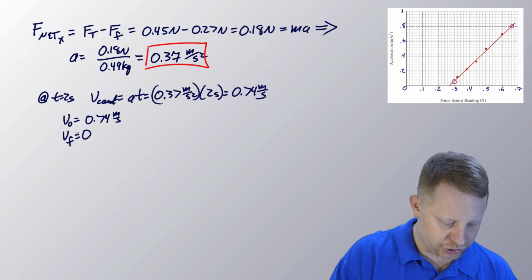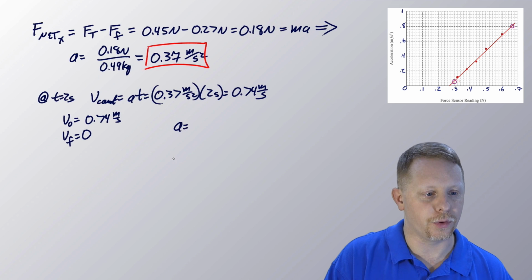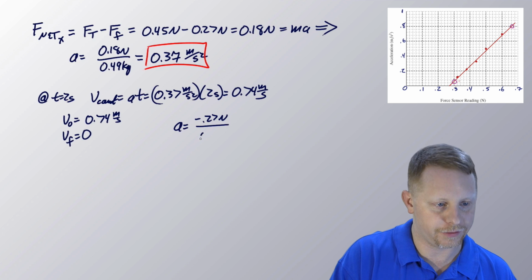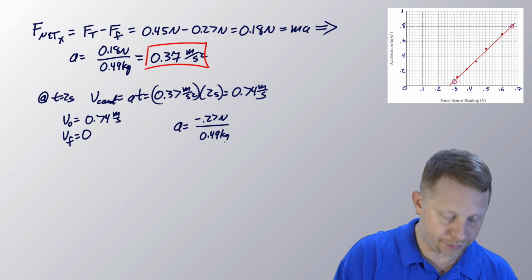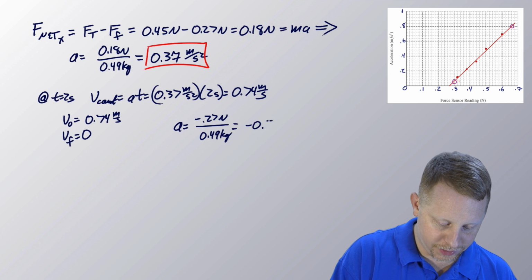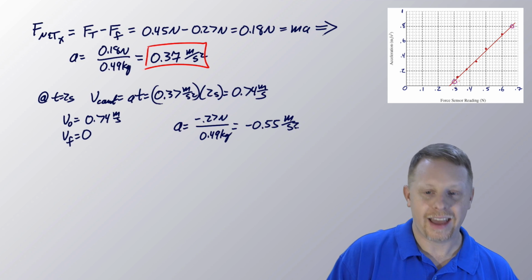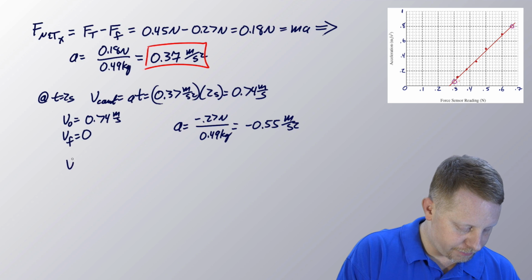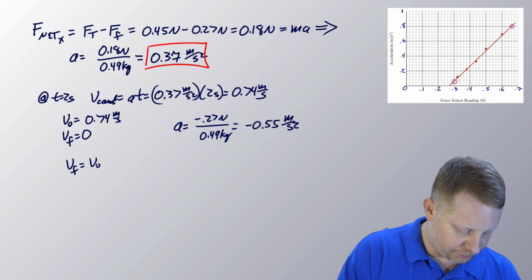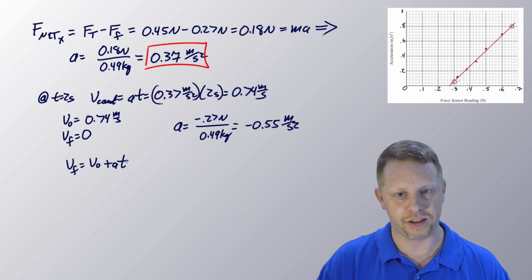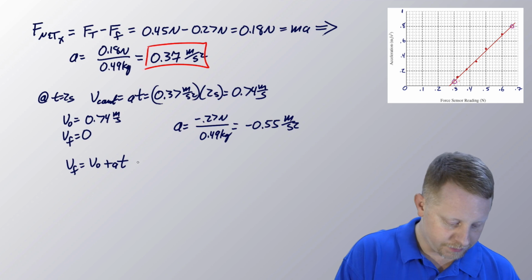V final must be 0, it's coming to a halt. And our acceleration is our net force divided by our mass, where our net force now is just our negative 0.27 newtons, our frictional force, divided by our 0.49 kilograms, or negative 0.55 meters per second squared. I can then use the kinematic equation: final velocity is initial velocity plus acceleration times time. This works because we have a constant acceleration with a constant force.